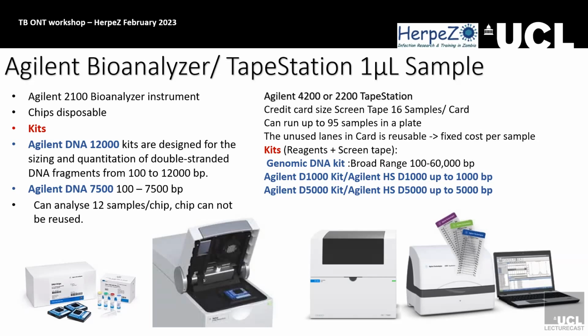It's very, very quick. Each tape has 16 spaces, so you have one for a ladder, and it takes about 40 minutes. It depends what you're doing: if it's large whole genome work, it takes longer than a smaller gel. It's very handy, but also quite expensive.